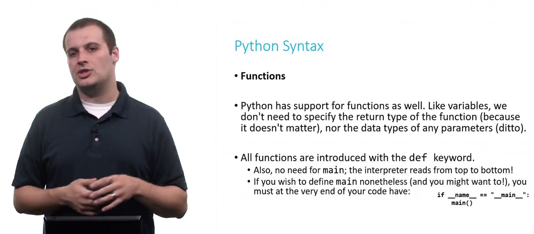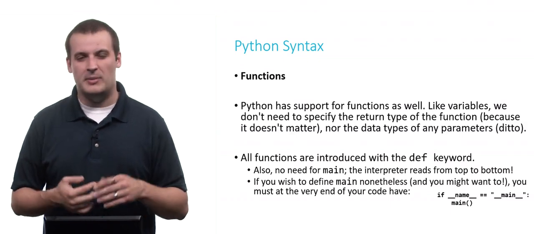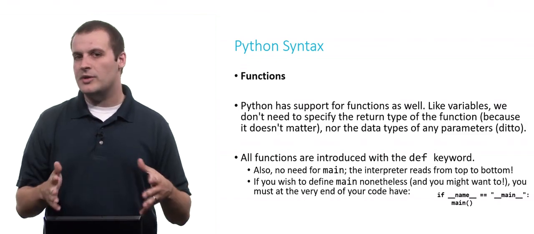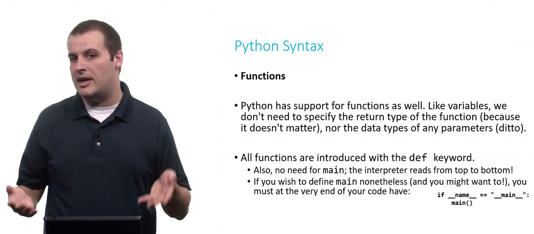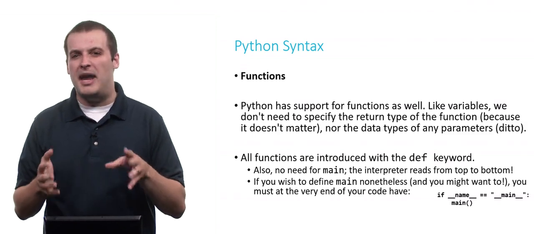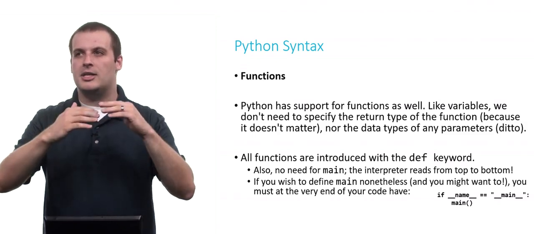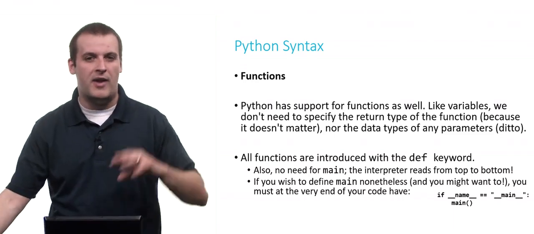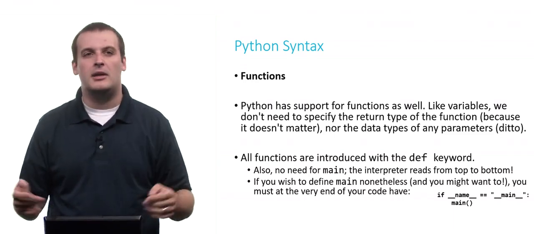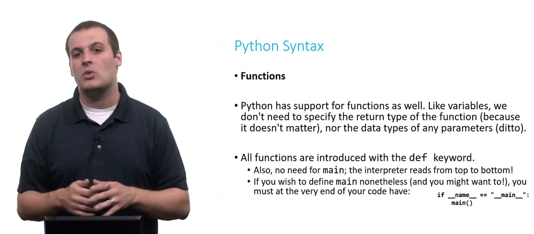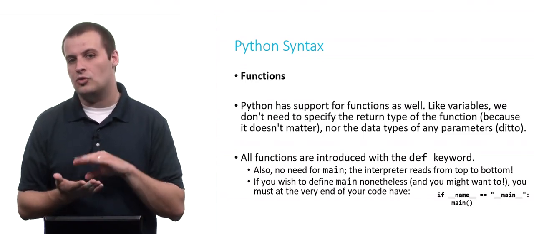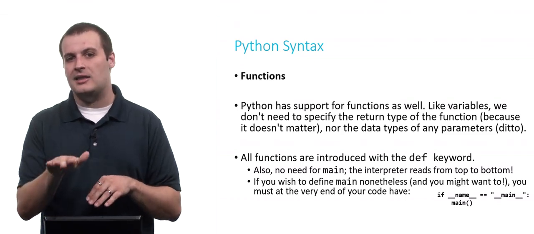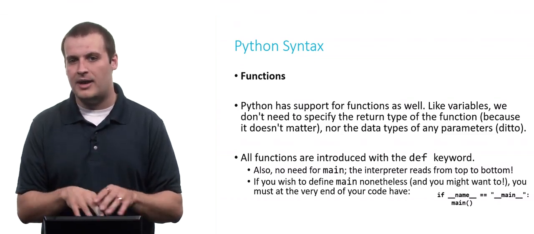We introduce a function using the keyword def. So basically think about it as like defining the following function. And because the interpreter reads from top to bottom, we don't have to include our main function. But if we want to include main, because maybe we wrote our code such that the stuff we want to execute first actually is maybe 200 lines into our file, we wrote other stuff up above, maybe we're keeping our functions in alphabetical order or whatever else, we can explicitly direct our program to start at the main function by including this line at the very, very end of our Python file.